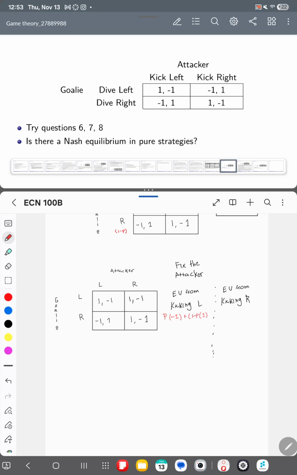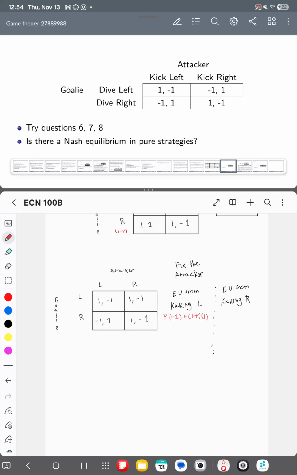Let me pause there. Is this clear? Remember, we are looking at the second payoffs because this is the second player. And remember how we are using the goalie's actions to calculate this expected utility. We are looking at what the goalie is doing and how often they are taking that action, with what probability.